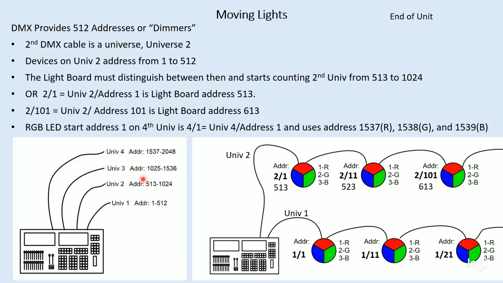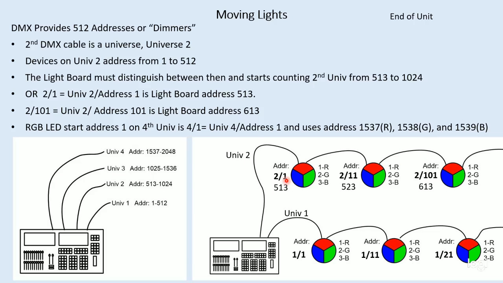And universe 3 is 1025 through 1536, which is the next group of 512. But the devices that are along the DMX path can't read anything above 512. So they have to be addressed between 1 and 512, even though they're on universe 2.